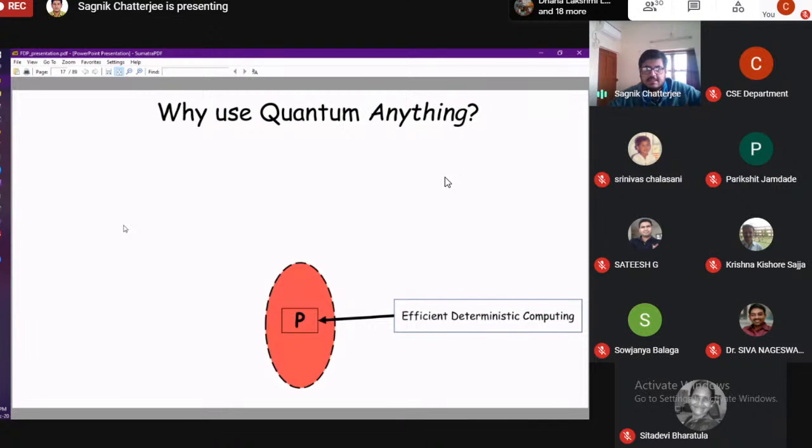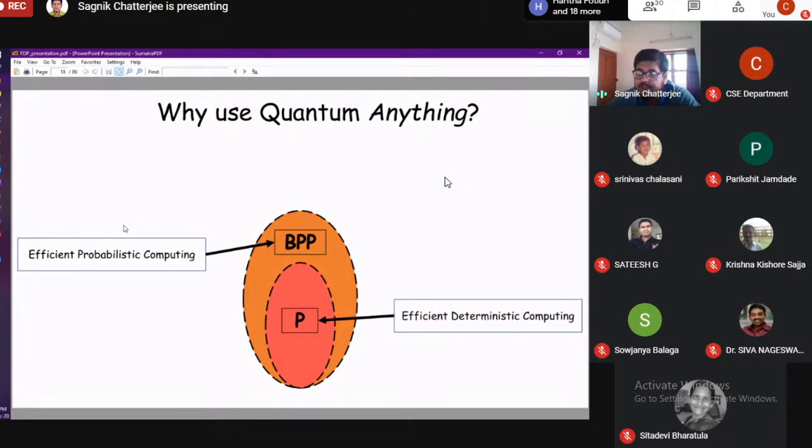So imagine the complexity class P. This encompasses your efficient deterministic computation. Any Turing machine which runs in polynomial time and can solve tasks efficiently is in this complexity class. Then you have BPP, bounded-error probabilistic polynomial time, which gives you randomized algorithms. And we conjecture that BPP and P are equivalent, but we haven't proved it yet.